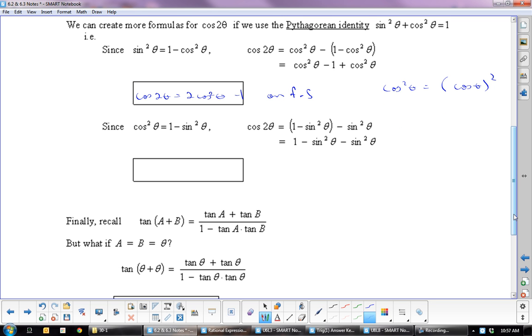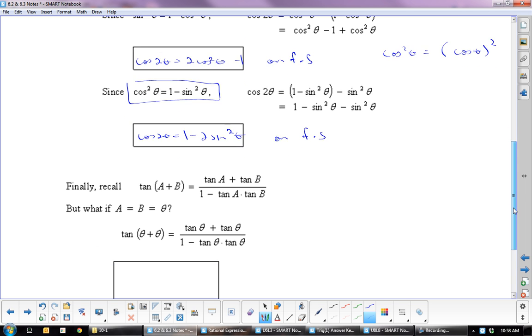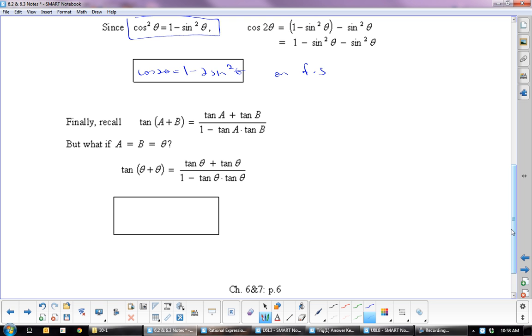Okay, and if you use the Pythagorean identity again, cos 2 theta also equals 1 minus 2 sine squared theta. Okay, and tan 2 theta equals 2 tan theta over 1 minus tan squared theta.